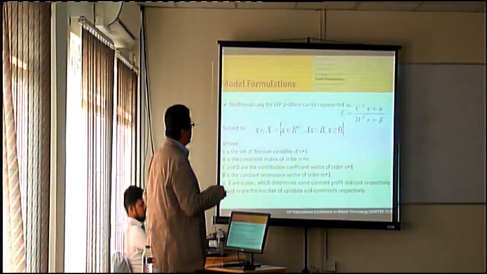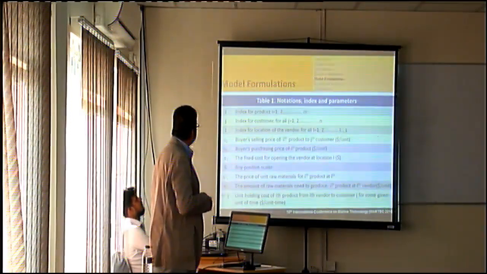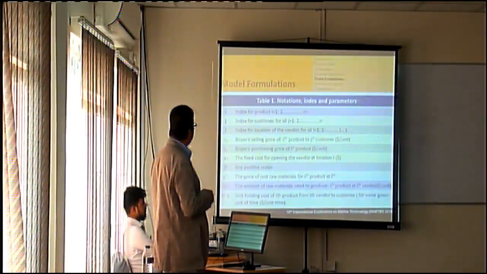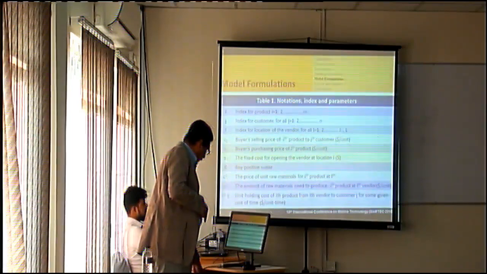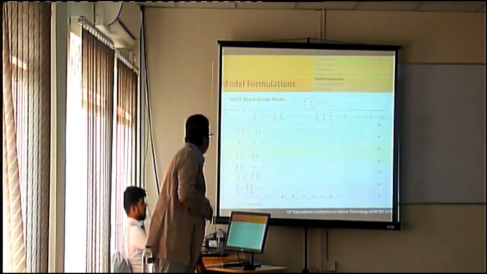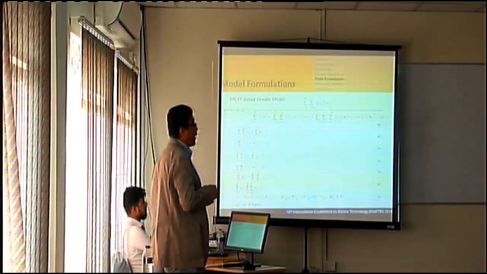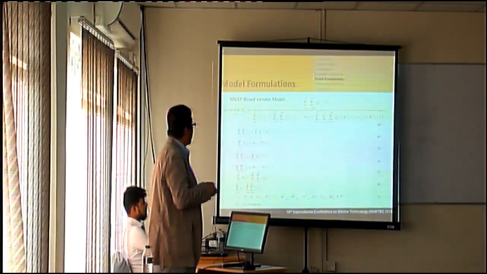So for this reason, we use this functional program, and these are some parameters we assume for the whole supply chain. This is our model, the vendor model, and these are the objectives we consider.